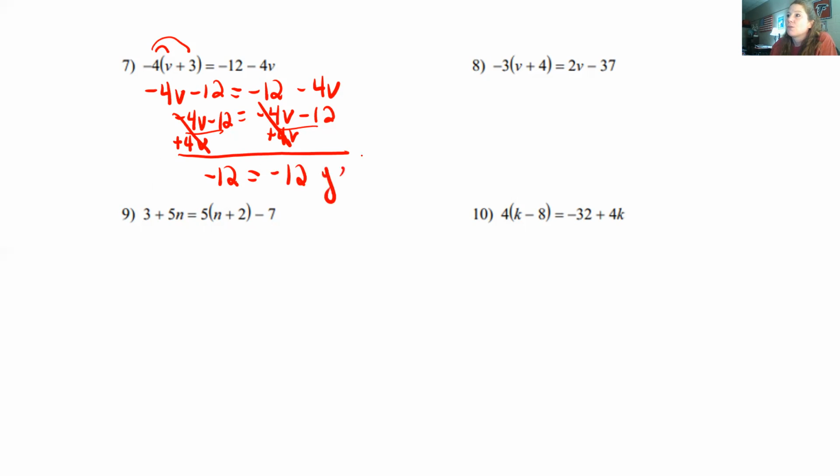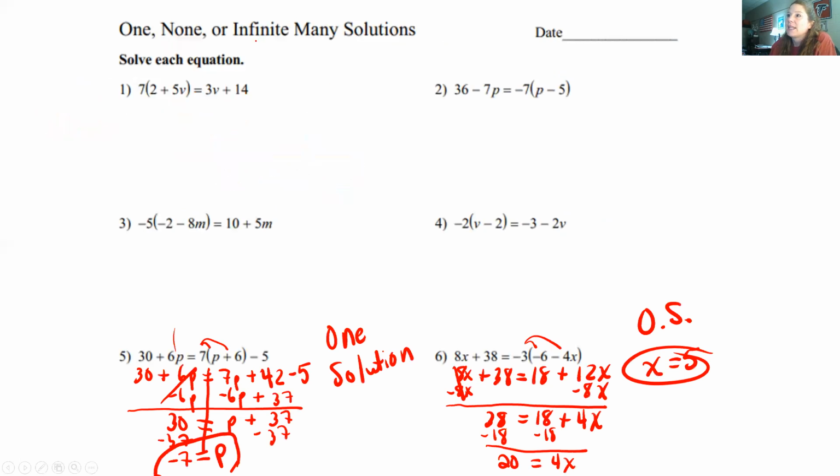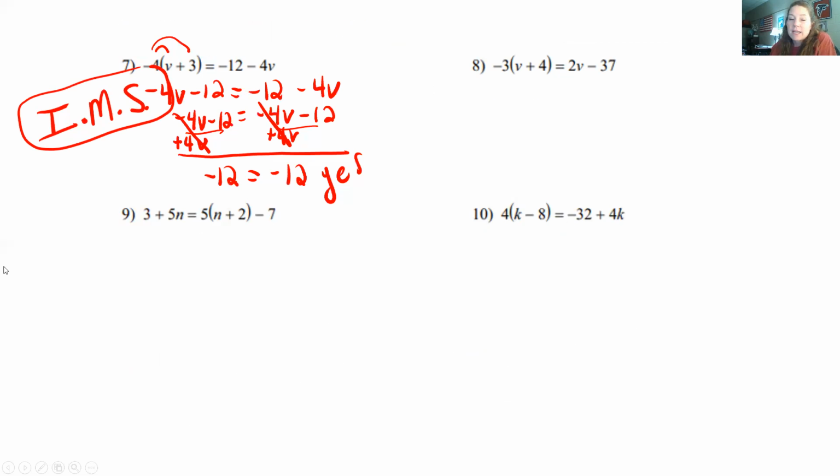Yes, it's true. That means I have an infinite number of solutions or infinitely many solutions. That's what the title of this paper says at the top, doesn't it? Should say infinitely many, but whatever. All right, so that's an example of one that has an infinite number of solutions.